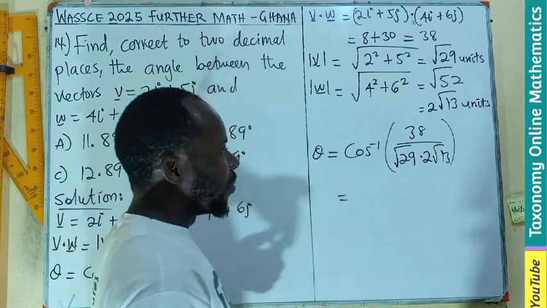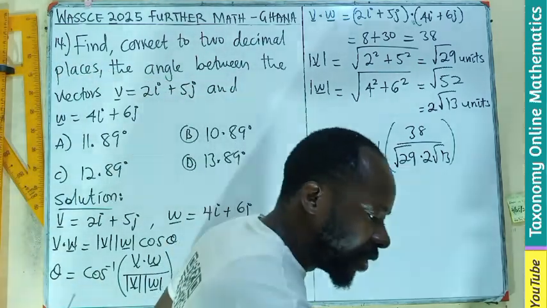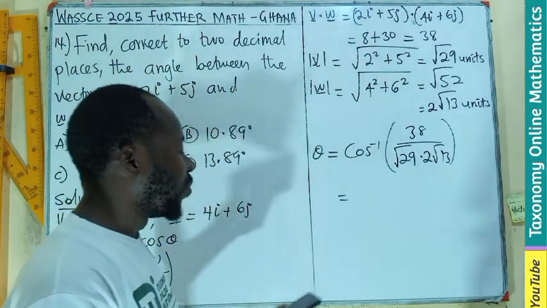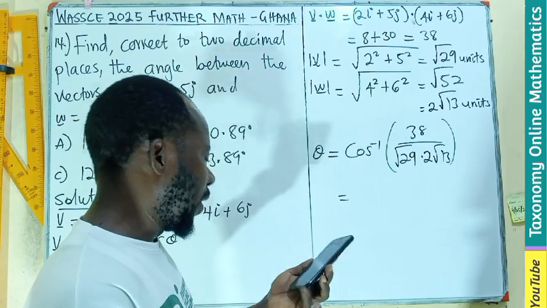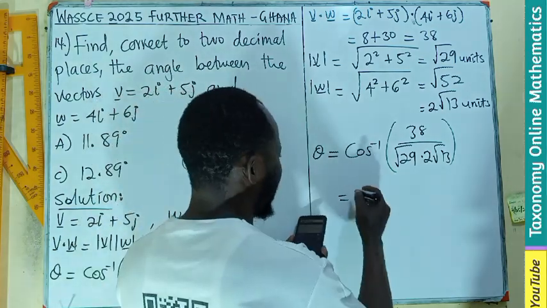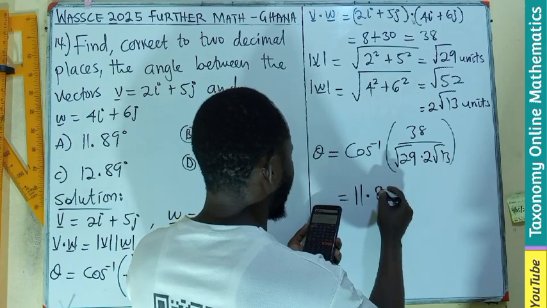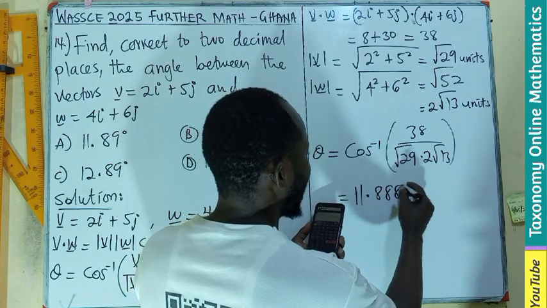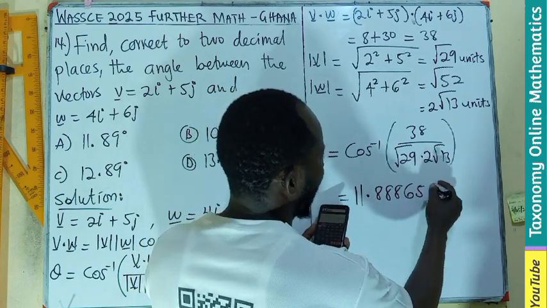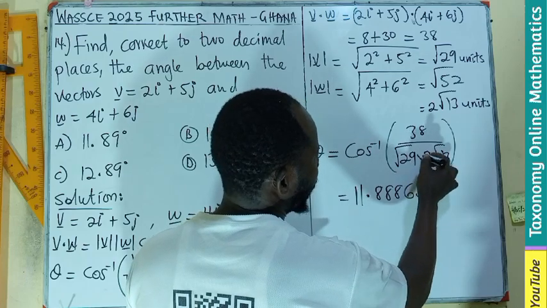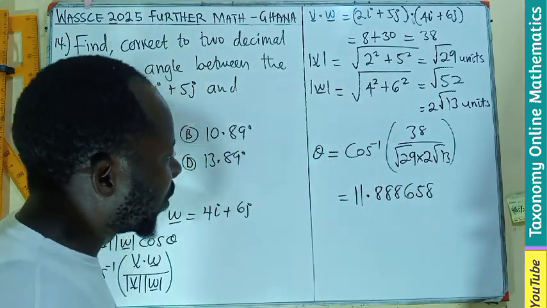I think I can put all this in the calculator to check the value. If you do that, we should have 11.8. How many 8s is there? 3, 8, 6, 5, 8. Let me just introduce multiplication there so that it can be well seen.